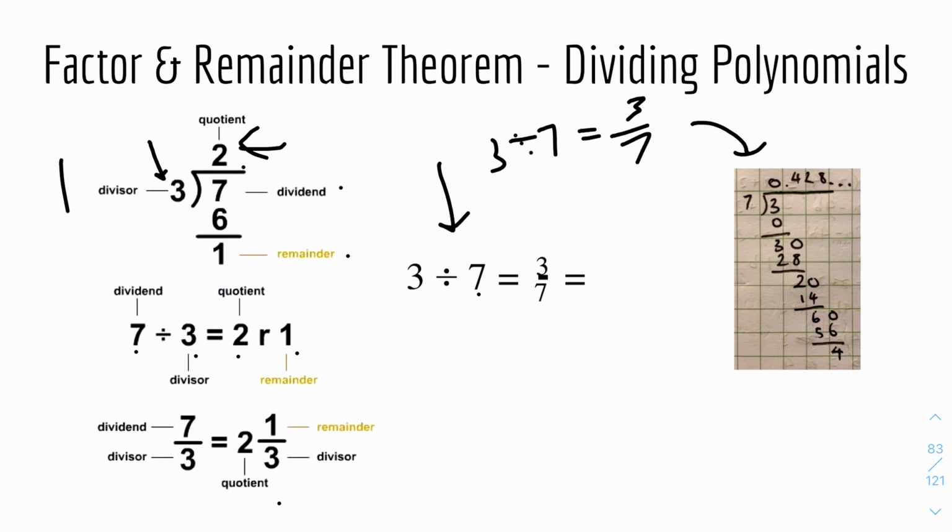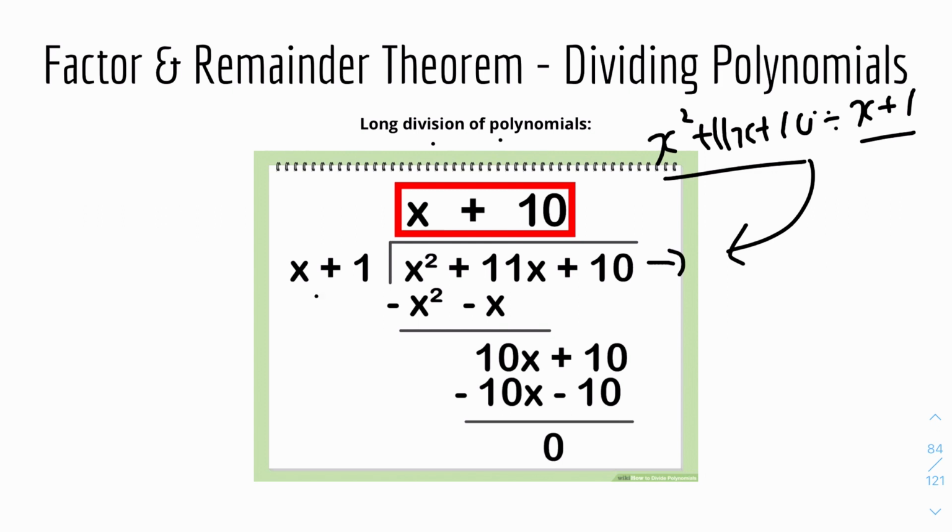The one after the divide sign is on the outside. It's the divisor. So basically how you divide a polynomial is that you put the dividend inside the divide sign, and first you start with 1. Let's rewrite it: x squared plus 11x plus 10 divided by x plus 1.